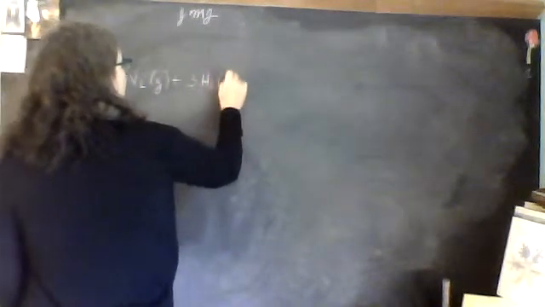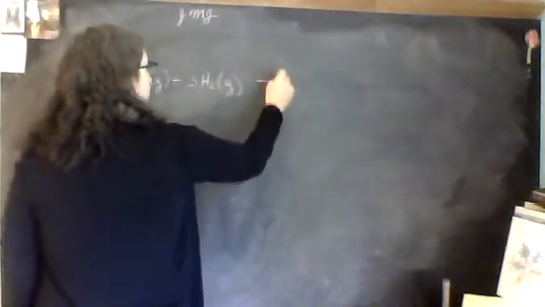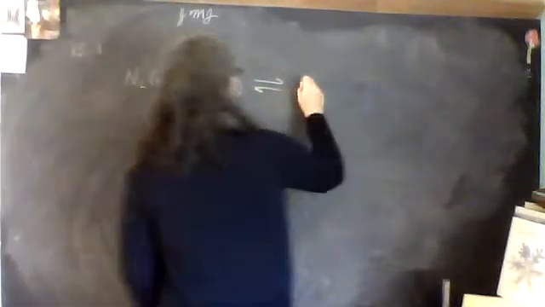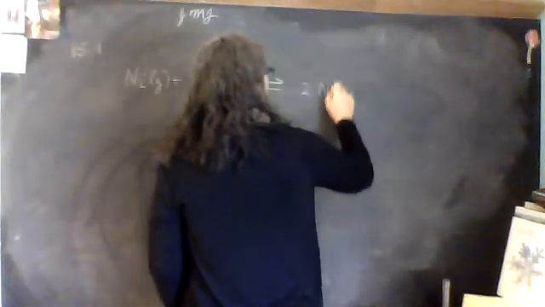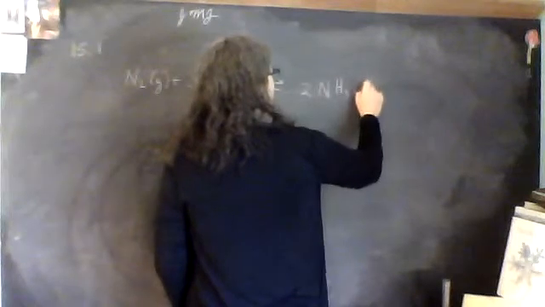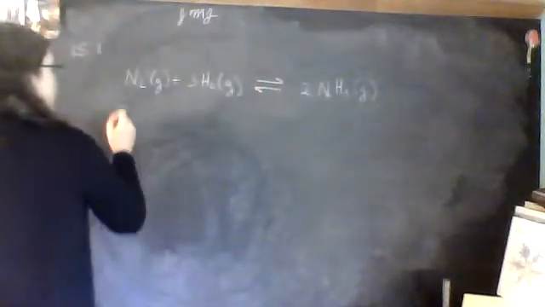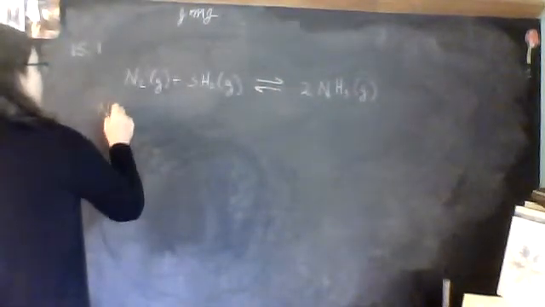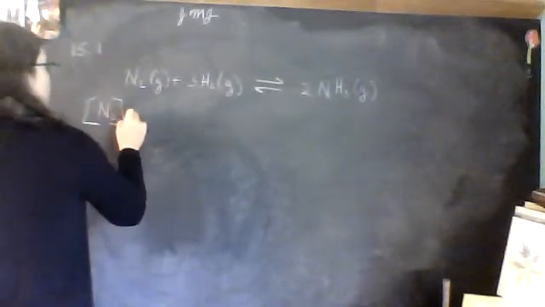All right, on your own, 15.1. Please read it to me. What is the value of the equilibrium constant for the following reaction? N2 gas plus 3H2 gas is in equilibrium with 2NH3 gas. The equilibrium concentration of N2 is 0.121 molarity.